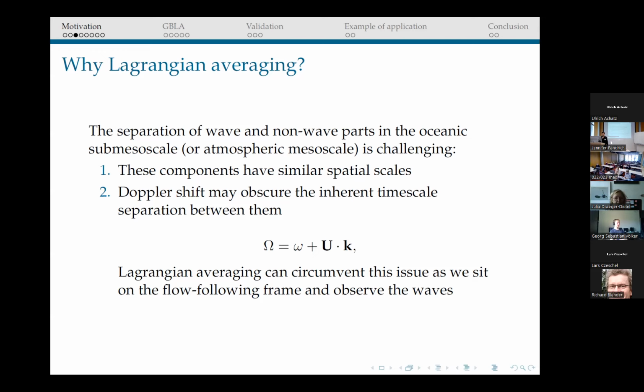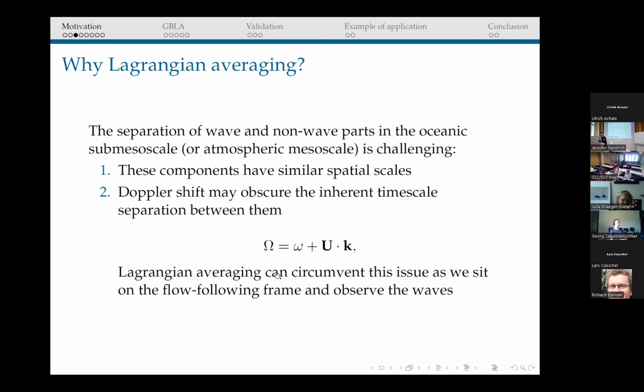First of all, the spatial scales of waves and other components are very similar, so we can't use spatial filtering to do the decomposition. If you use time filtering or just Eulerian time averaging, it is still not very successful because we have Doppler shift when we have very strong background flow.